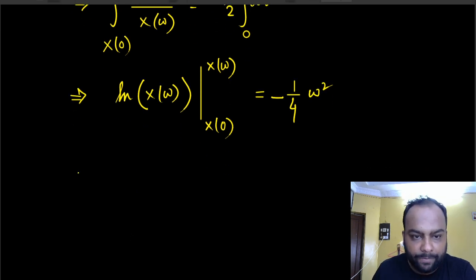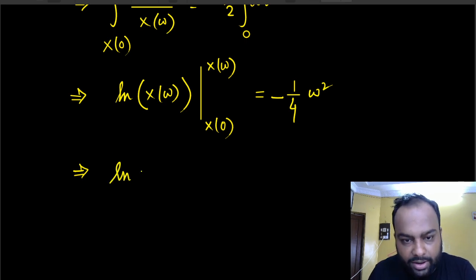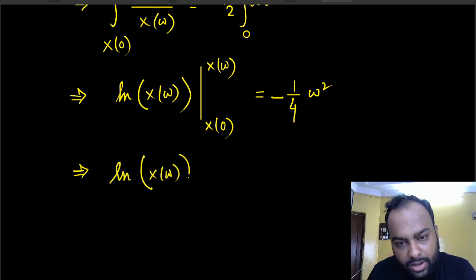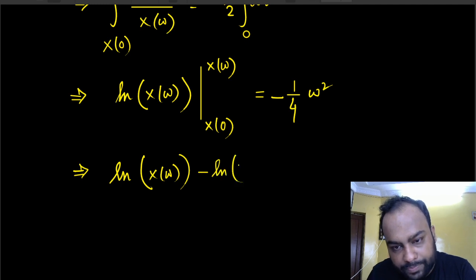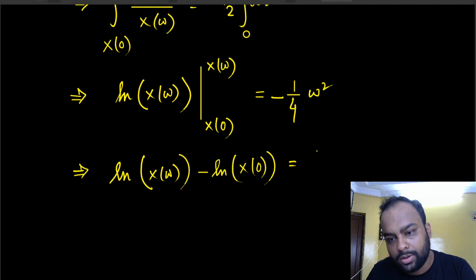Then let's put the limits here. On the left hand side, we have log X(omega) minus log X(0), and we have minus 1 by 4 omega square here.